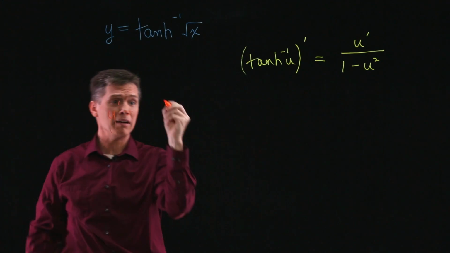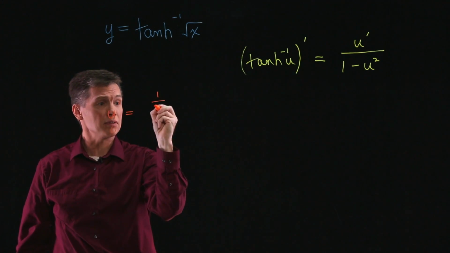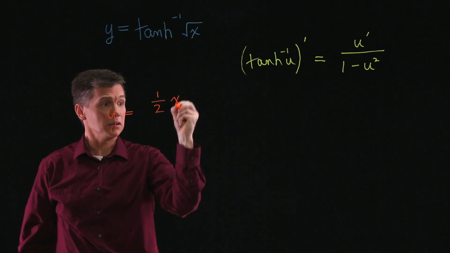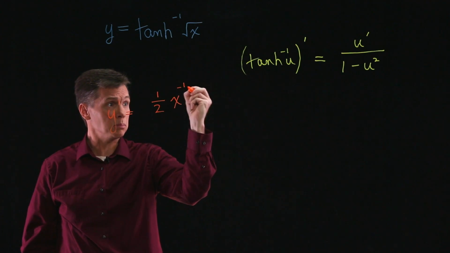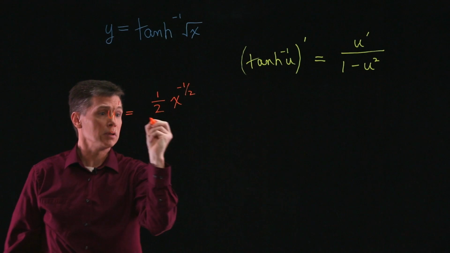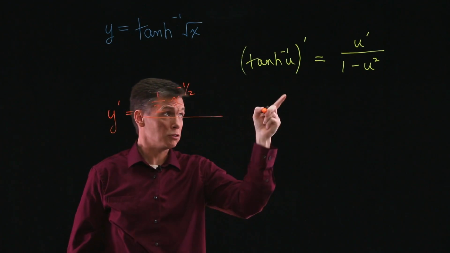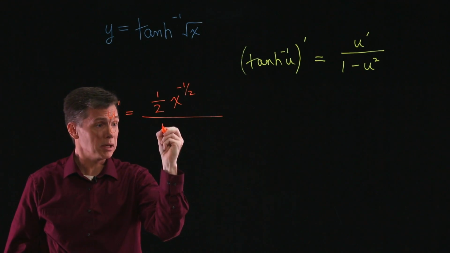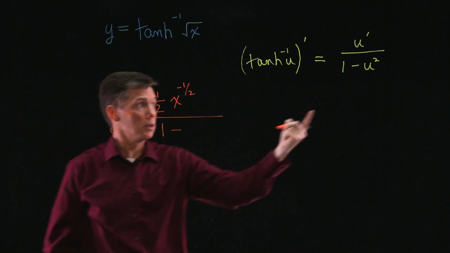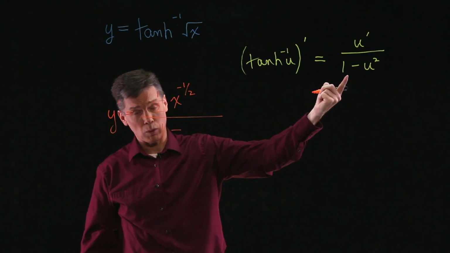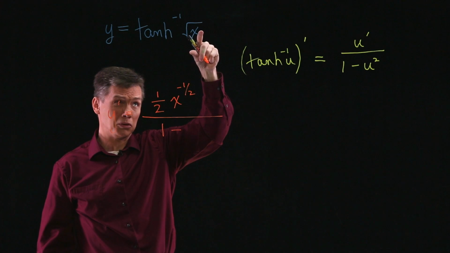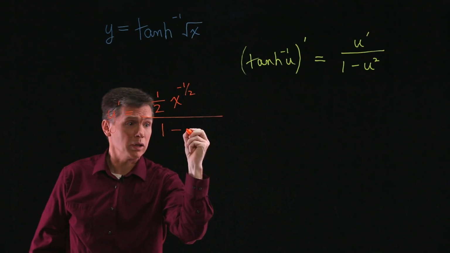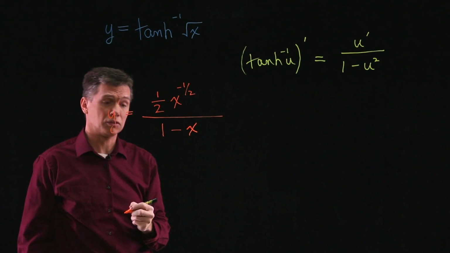So x to the 1/2, the 1/2 comes in front, the x loses a power, right? That's your numerator, and your denominator is 1 minus whatever u was, but squared. Our u was the square root of x, so square that, and you just get x.